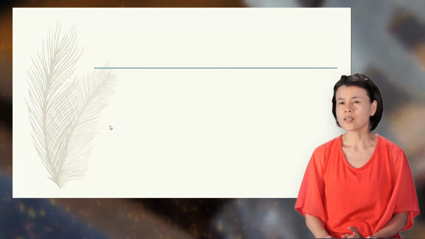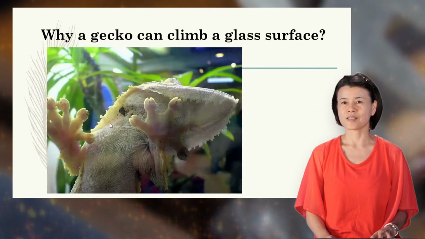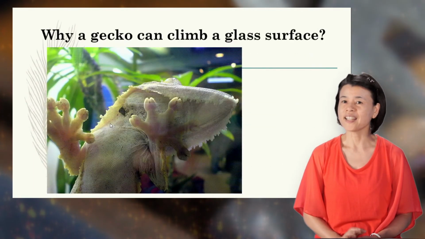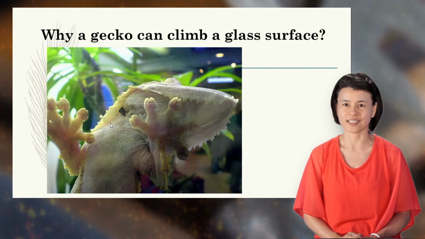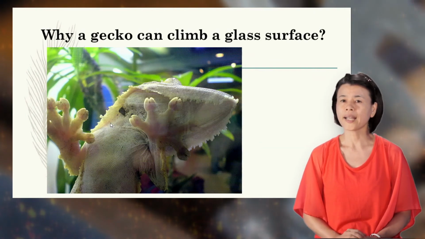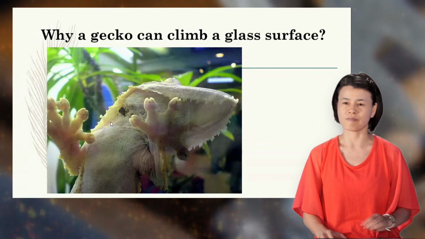So, what's the big deal to make materials in nanoscale? One big thing is that is why a gecko can climb a glass surface, but you cannot. But why can a gecko climb a glass surface? What is the special power that a gecko has?